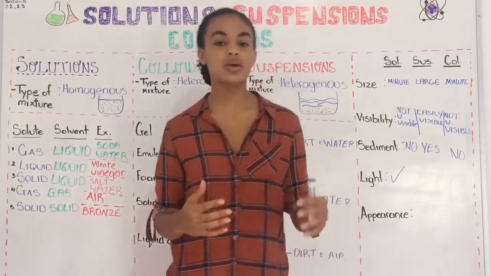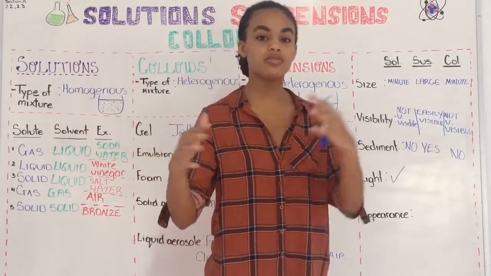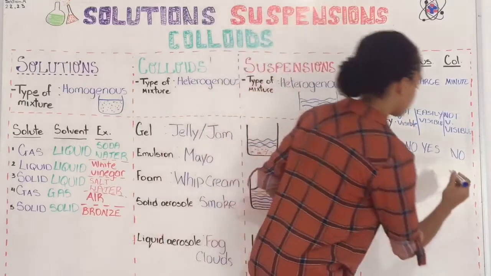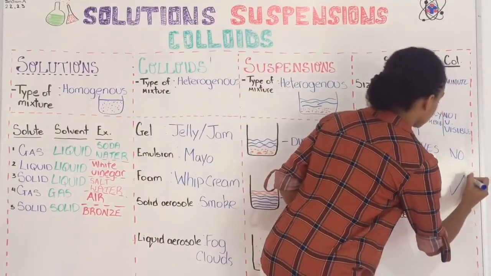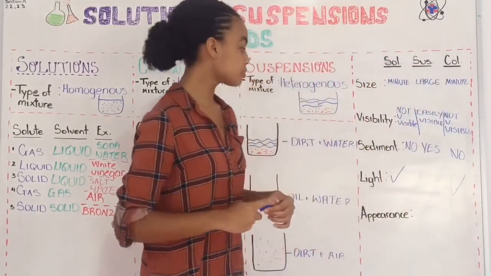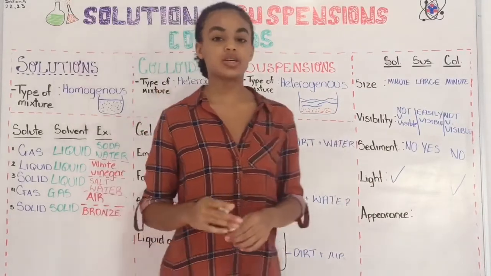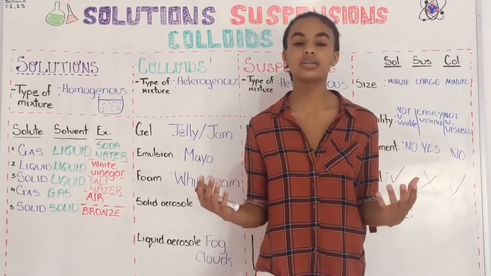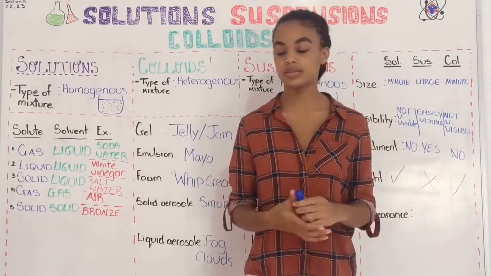So upon reaching those particles, the light tends to bounce off the particles and scatter. So when you shine some light through a colloid, it's going to look scattered. Suspensions, light does not pass through a suspension because the particles are so large, it's going to be hard for it to pass through.